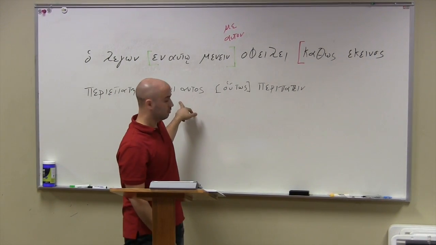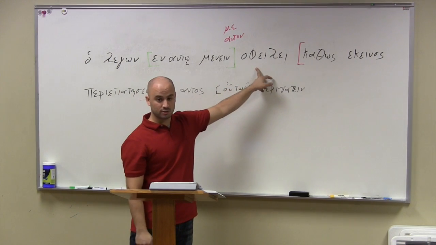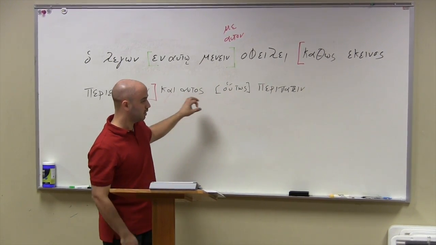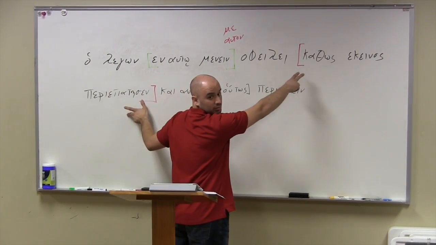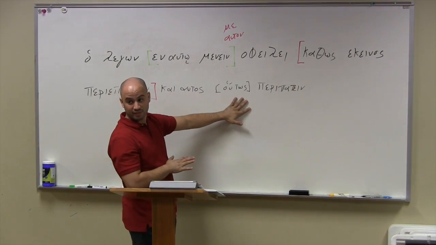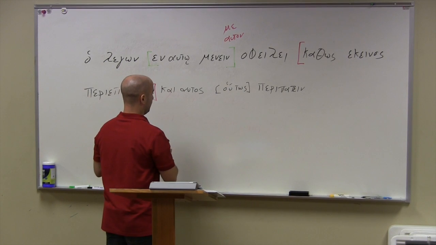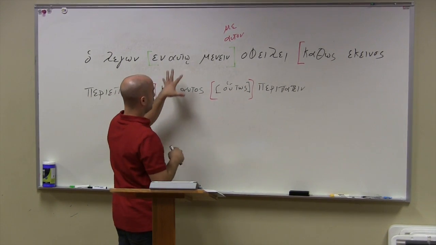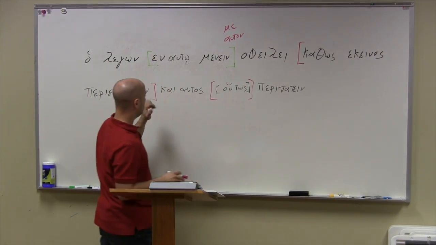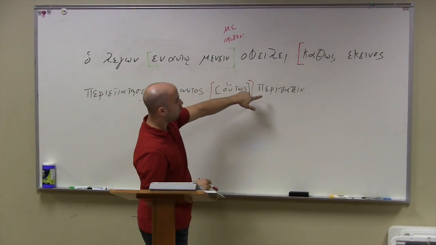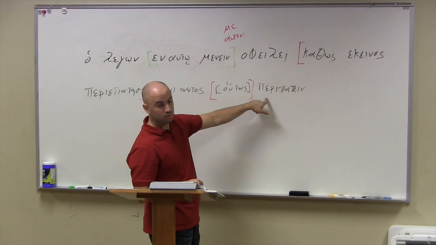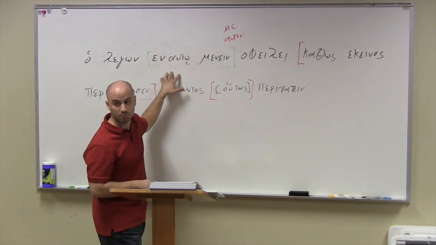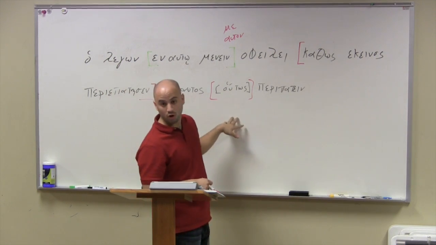he ought, just as, and that is referring to up here. So let's bracket that out in our mind as well. He ought to walk. The one who says, I remain in him, he ought to walk.